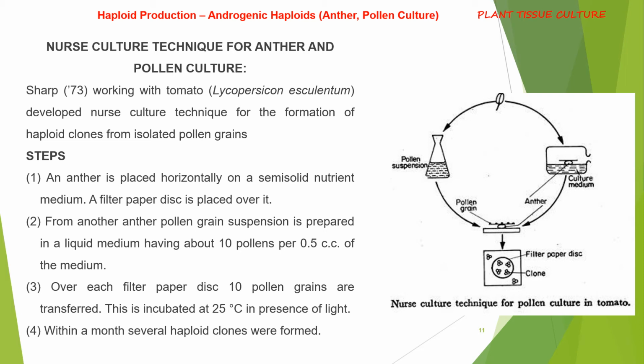Next, another set of pollen suspension obtained from a different anther is prepared in a liquid media and placed over the filter paper. This is incubated at 25 degrees centigrade in light conditions. Within a month, several haploid clones were observed in case of tomato. The figure on the right shows an illustration of the nurse culture technique in tomato.